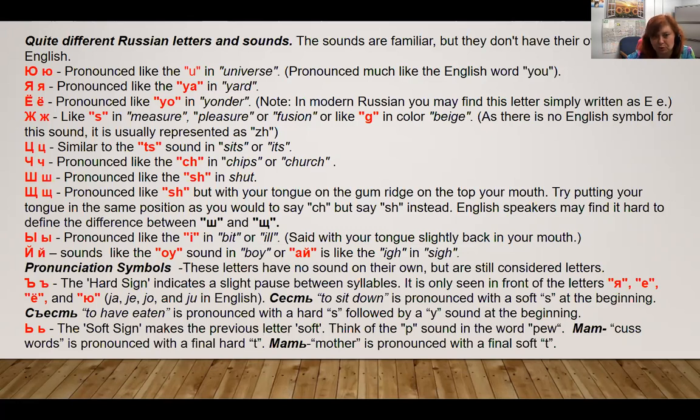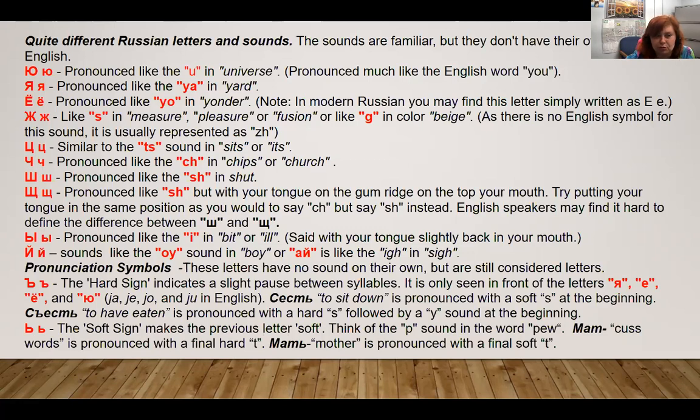All soft sounds of the Russian language are made by moving your tongue higher to the palate of your mouth, and so it sounds softer.